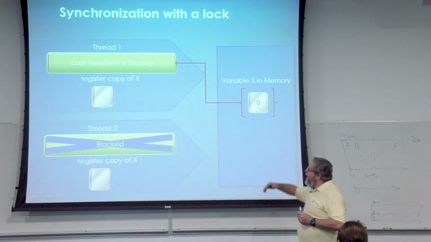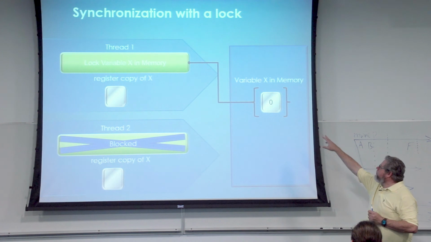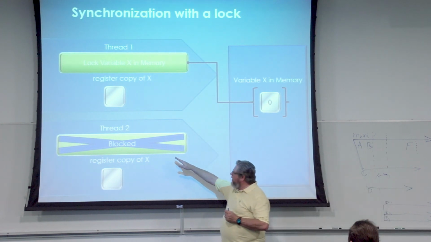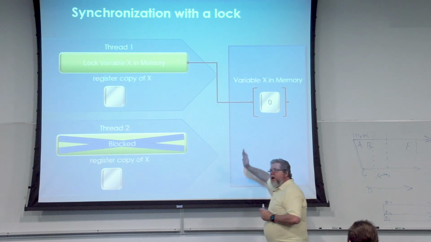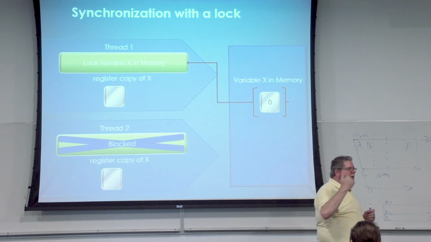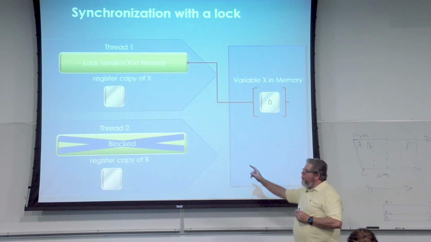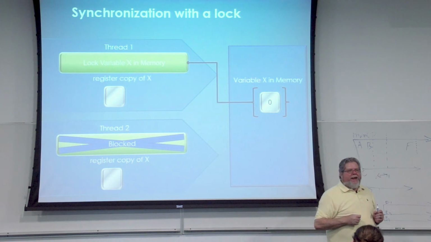Okay? So in this case, thread 1 showed up, locked the variable. Thread 2 showed up just a short time later, tried to lock the variable. When it tried to lock the variable, it got blocked. And what that's going to do is take thread 2 and stick it into a waiting queue.